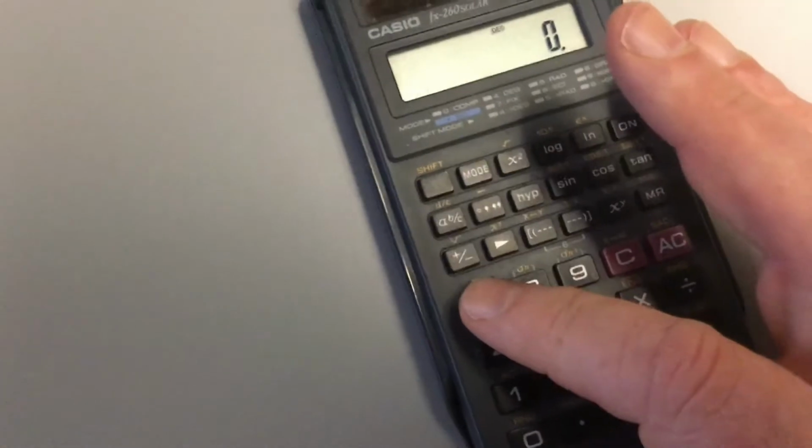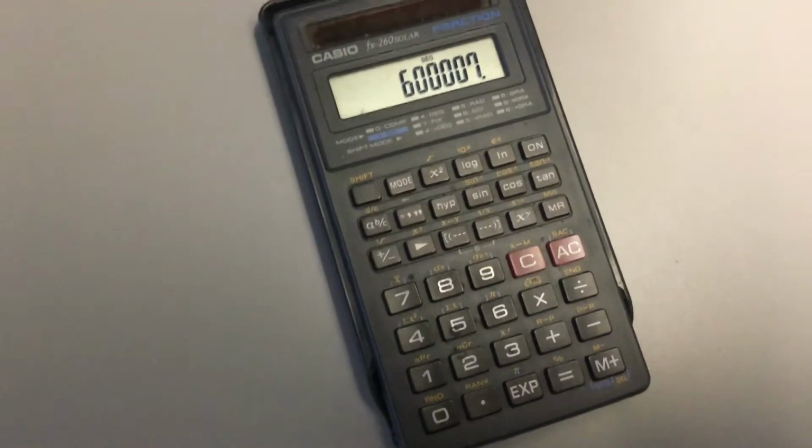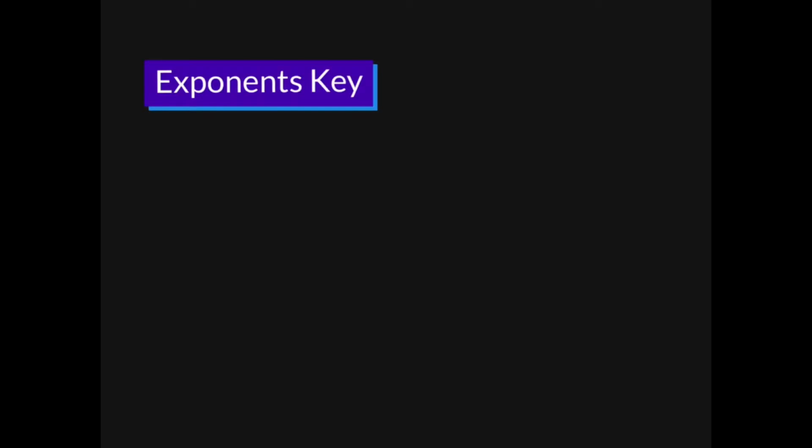Okay, so we're going to enter 7 plus 6 times 10 is the base, the integer key, and the exponent is 5, equals. The answer is 600,007.